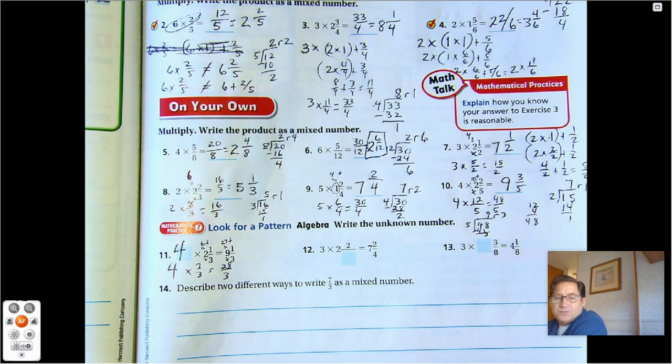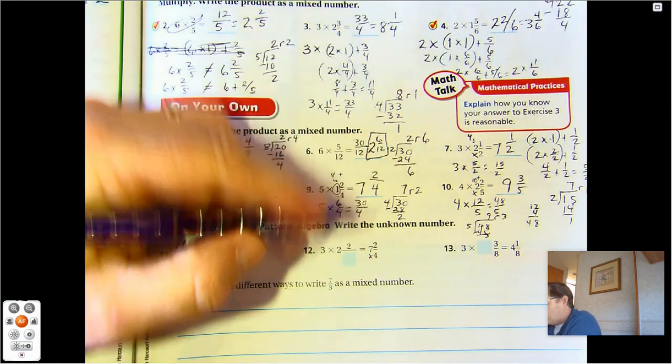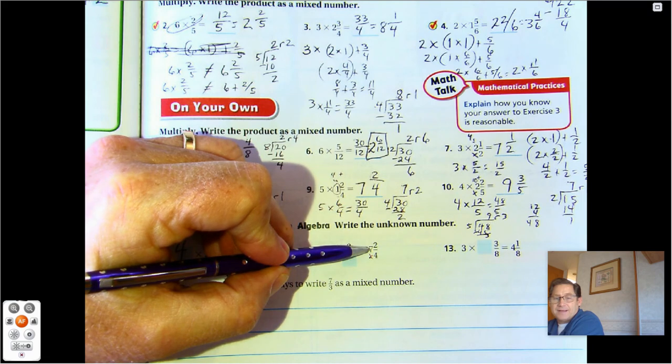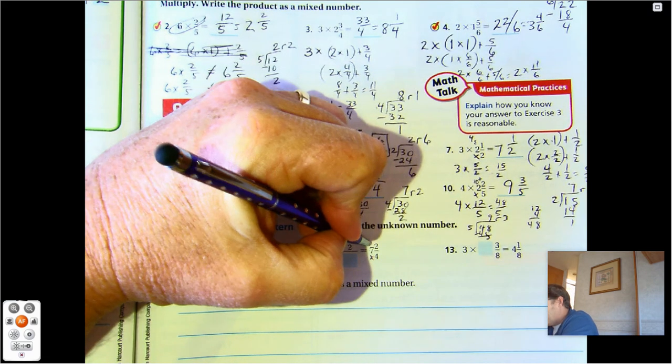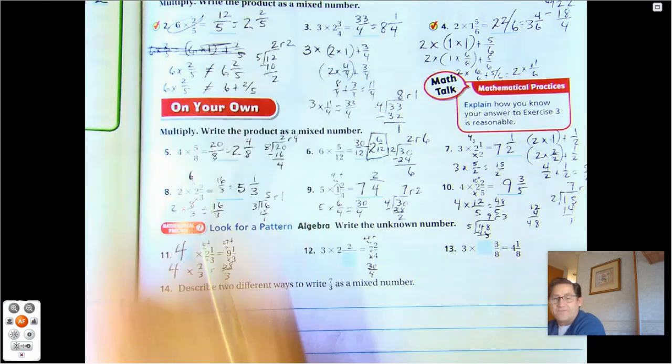3 times 2 and something is 7 and 2/4. All right, well, every one of these whole numbers has 4 parts. So 4 times 7 is 28, plus 2 is 30/4.